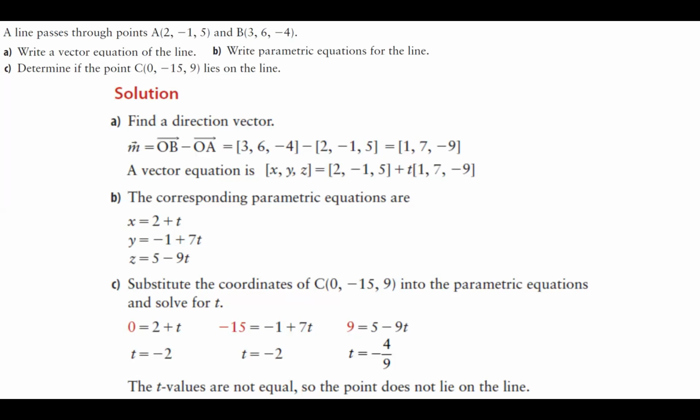That means there is no single value of t such that all of the x, y, and z components can be fulfilled. That means there is no solution. So the t values are not equal, right? This tells us the point does not lie on that line.